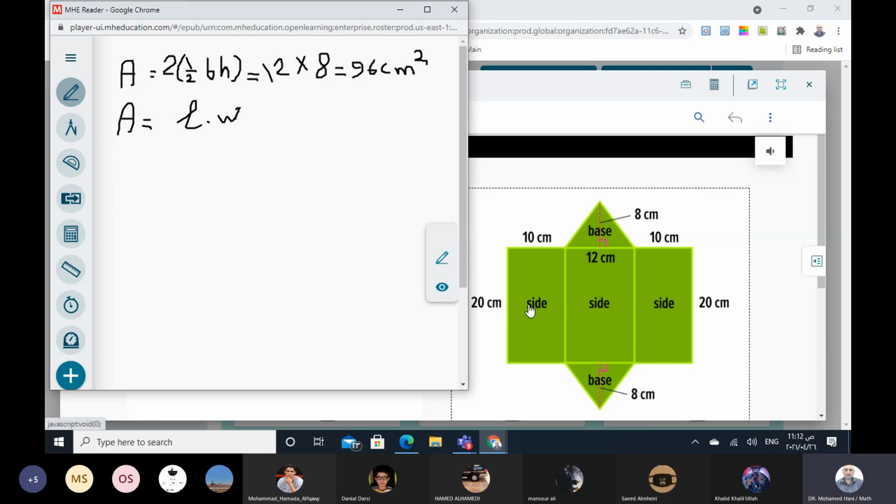But we have two congruent rectangles, so we can multiply the rule by 2. So we have 2 times the length, as you see, will be 20, and the width, as you see here, will be 10.